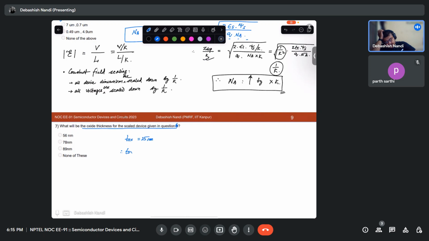So your Tox scaled will be 25 over 1.43 nanometer. That is your 17.5 nanometer. Okay, because 25 into 0.7, 175 by 10, so 17.5. So none of this will be the right answer.